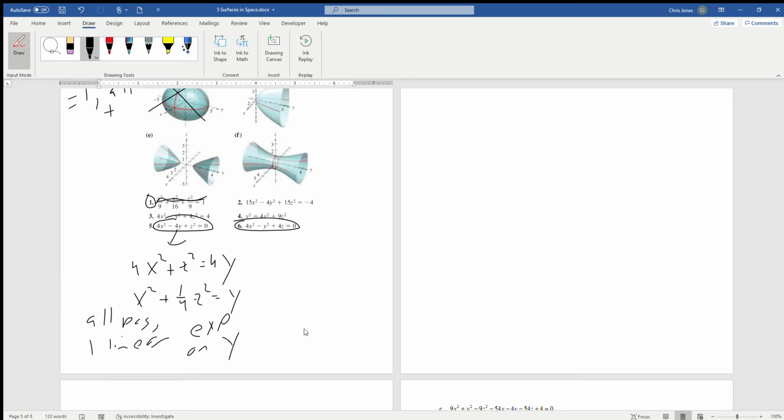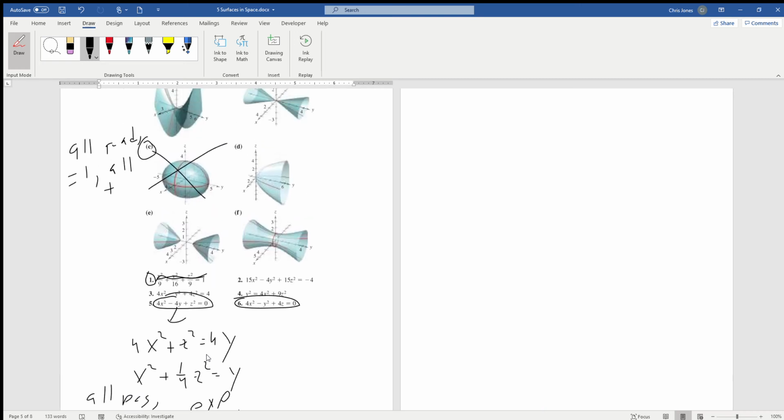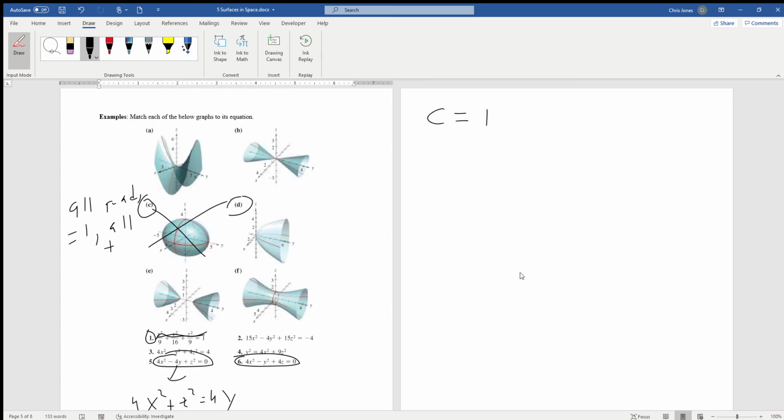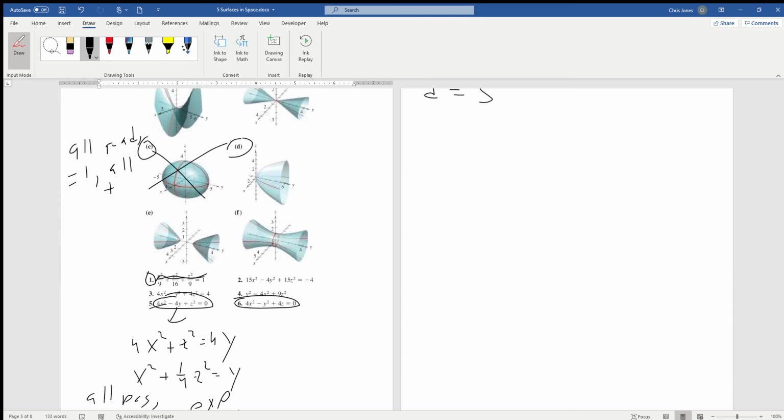So let's see if there's an elliptic paraboloid that expands on the y-axis. It looks like right here, letter D looks perfect. We have an elliptic paraboloid that expands on the y-axis, so letter D is going to be equal to equation number 5, and we can get rid of equation 5 now.